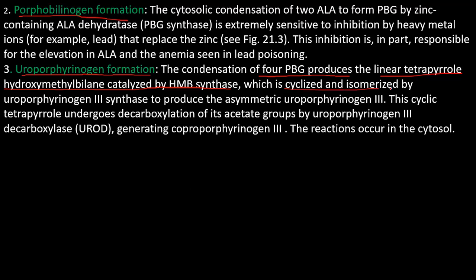It is usually cyclized and isomerized by uroporphyrinogen III synthase to produce the asymmetric uroporphyrinogen III, okay? Then this uroporphyrinogen usually undergoes decarboxylation, a reaction catalyzed by uroporphyrinogen III decarboxylase, UROD. Please remember this enzyme because it is involved in one of the porphyrias. And after decarboxylating, we form coproporphyrinogen, okay? And up to there, all those reactions are occurring in the cytosol, okay?